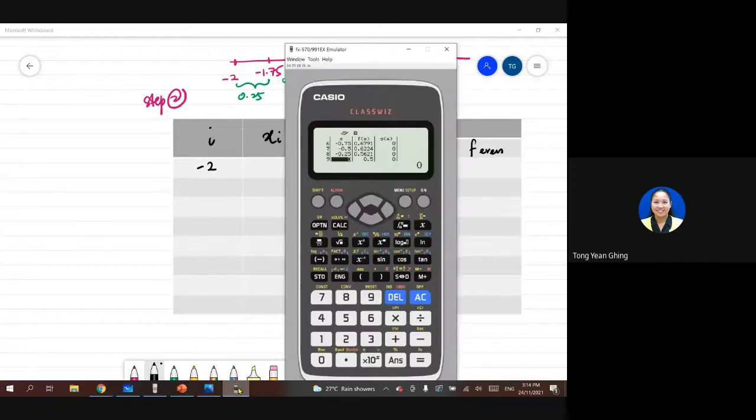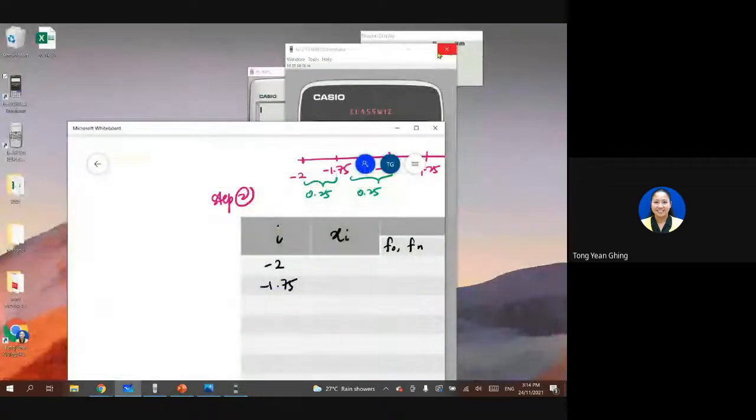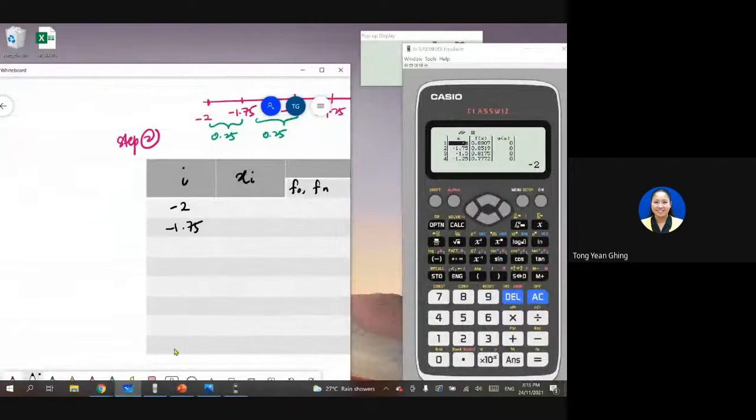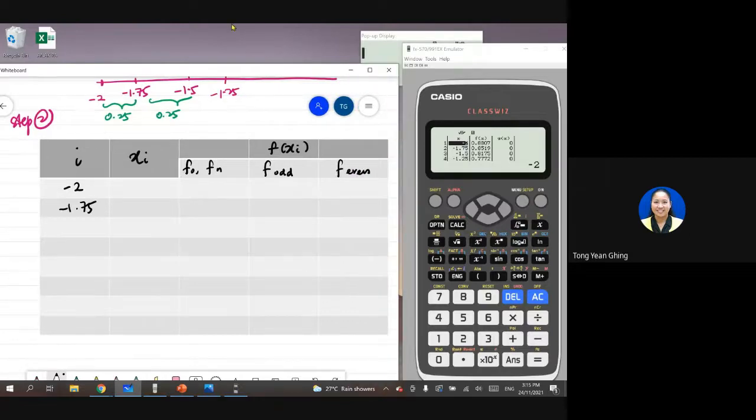Following it, from -2, -1.75, then -1.5, -1.25, -1.0. Mine is one more row, not finished.